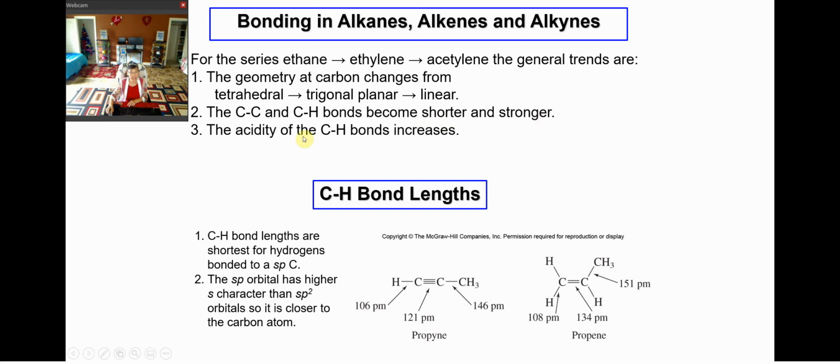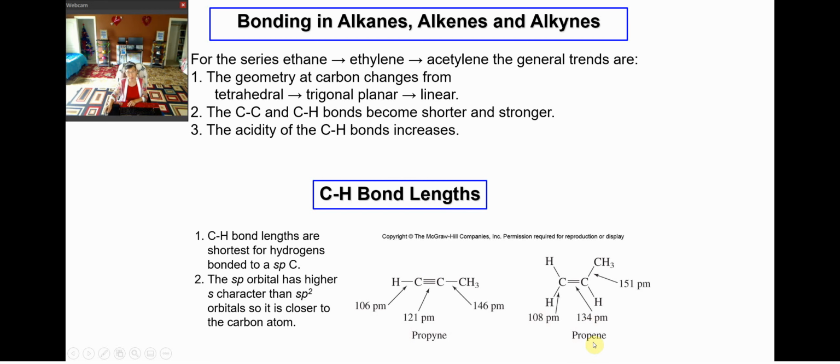The acidity of the carbon-hydrogen bonds becomes stronger and stronger, meaning acetylene tends to donate protons much more easily compared with ethylene. And also the bond length, as we mentioned, becomes shorter and shorter.